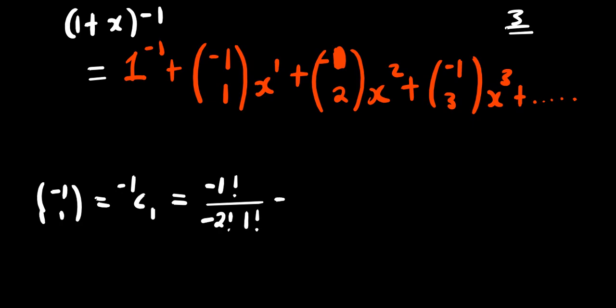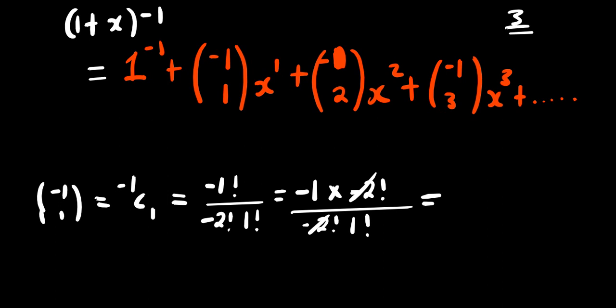When I solve what is on top, I'm going to have negative 1 multiplied by negative 2 factorial, that's where I'll end. Then the negative 2 factorial and the negative 2 factorial cancel, so you have negative 1 divided by 1, which just gives us negative 1.